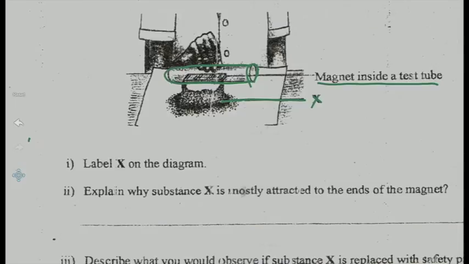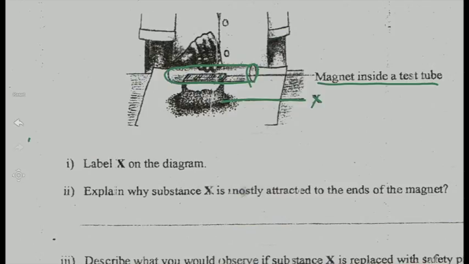Now, A, Roman figure 1: label X on the diagram. What is substance X? It looks like soil, but it is not soil.